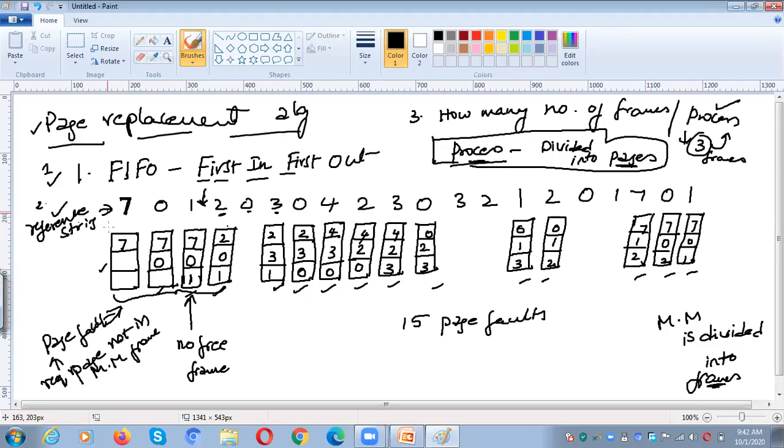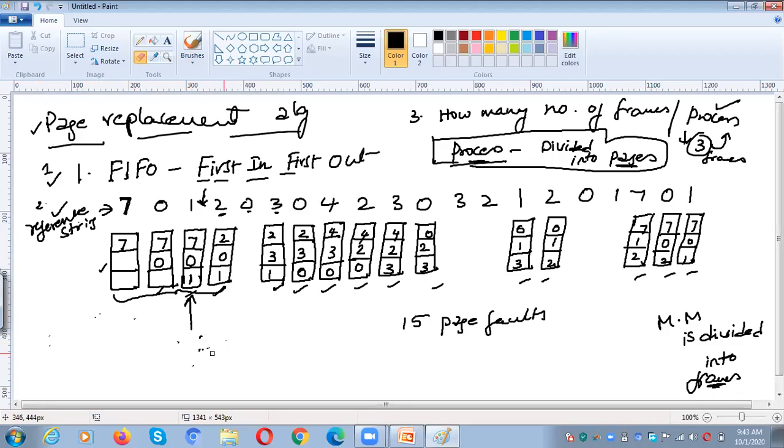If it is 3 frames per process. Okay, so what we have to do now is solve the problem with 4 frames. I want to do it here only. So it also comes under first in first out. That is the reason why I want to solve the problem here itself.